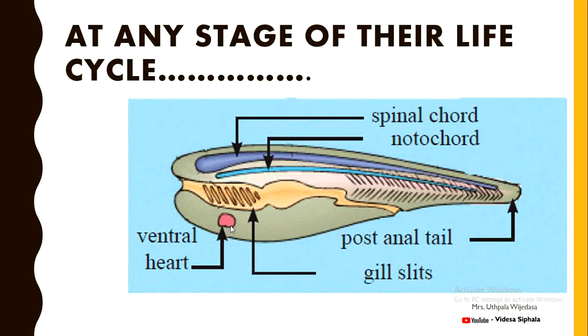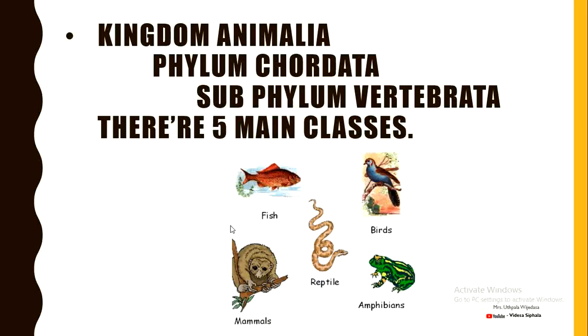Vertebrates can be classified into 5 classes. When we consider the hierarchy of classification, this is kingdom Animalia, phylum Chordata, and subphylum Vertebrata. There are 5 main classes.